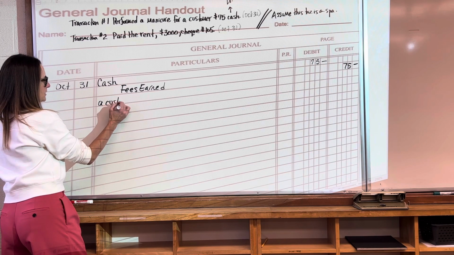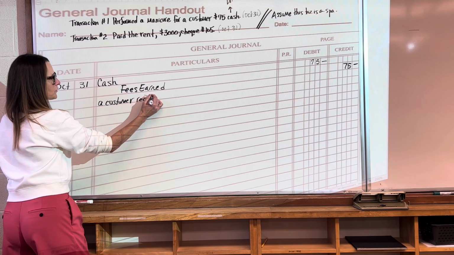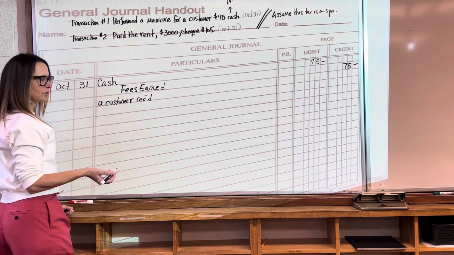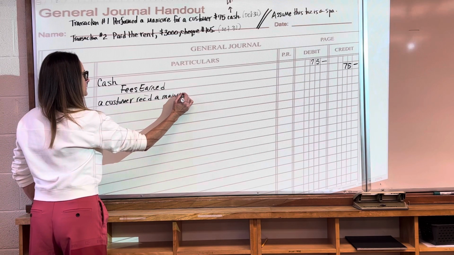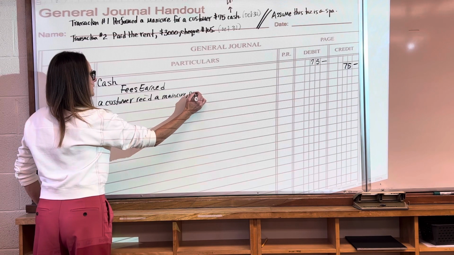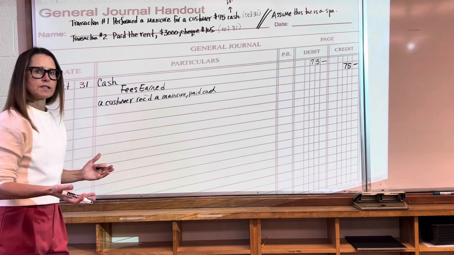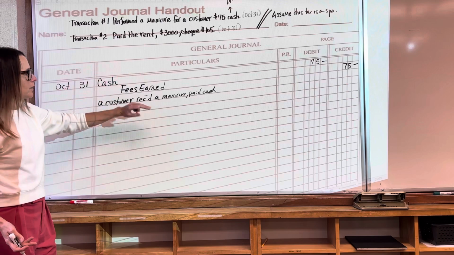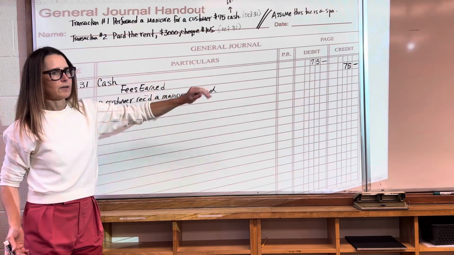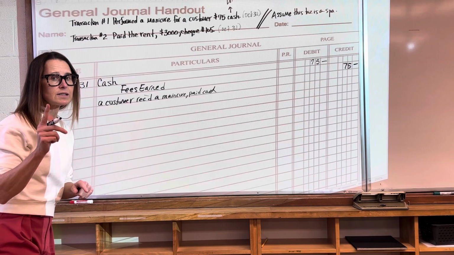A customer received, and I do short form here, that's my shorthand for received a manicure, comma, paid cash. And that's a journal entry. You have a date, you have a debit, you have a credit, you have an explanation, and you have an amount. That's it. And then you go into the next one, but when you do this, leave a space.